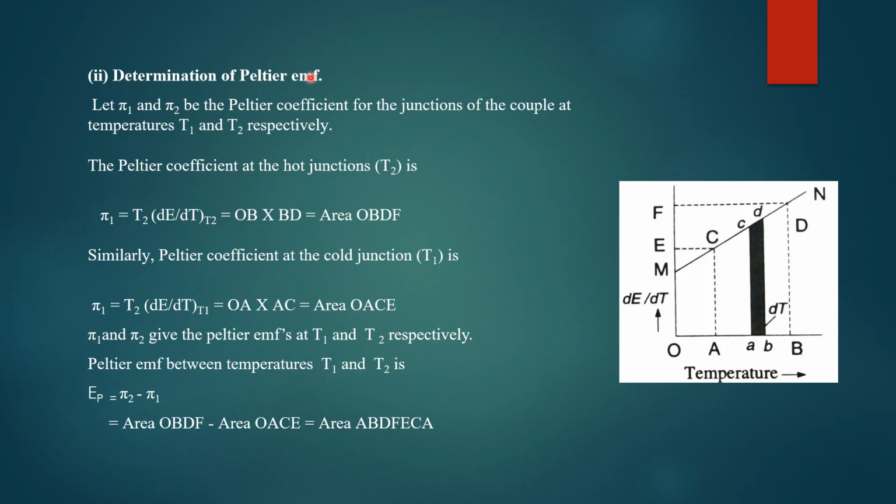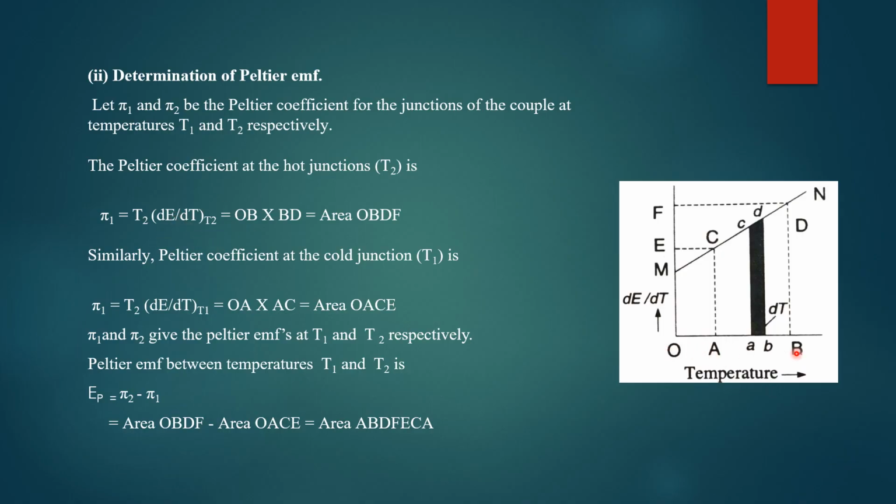Next, determination of the Peltier EMF. Let pi1, pi2 be the Peltier coefficients for the junctions of the couple at temperatures T1 and T2 respectively. The Peltier coefficient at the hot junction T2 is given by pi2 is equal to T2 into dE by dT at temperature T2.